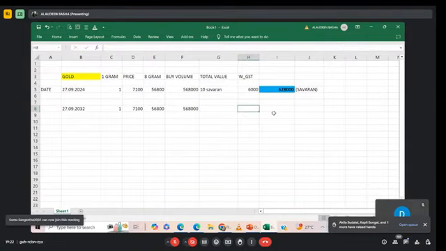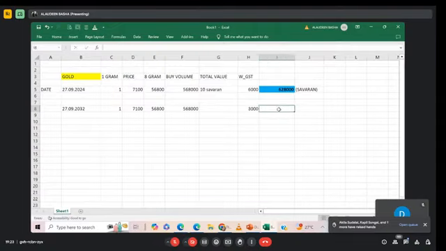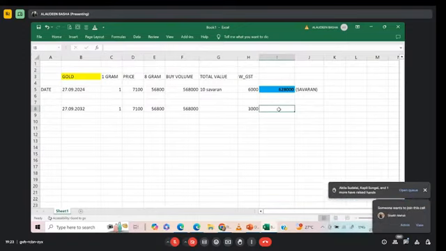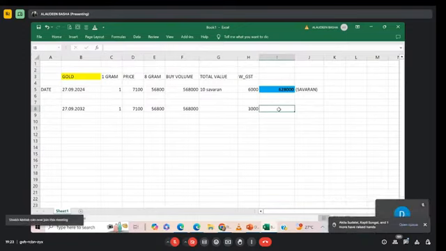Depreciation will be there in the gold. I'm asking the value of the total wastage for a single sovereign. For example, take 3,000. For 10 sovereigns it should be 30,000. Correct? Yes, sir.